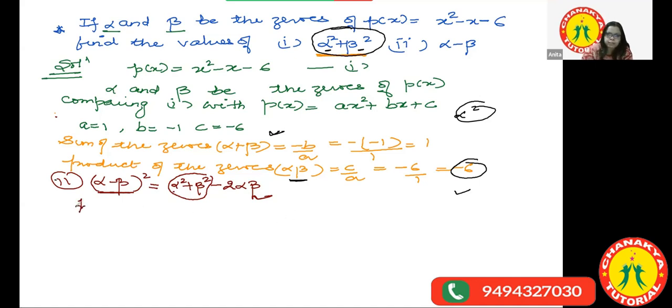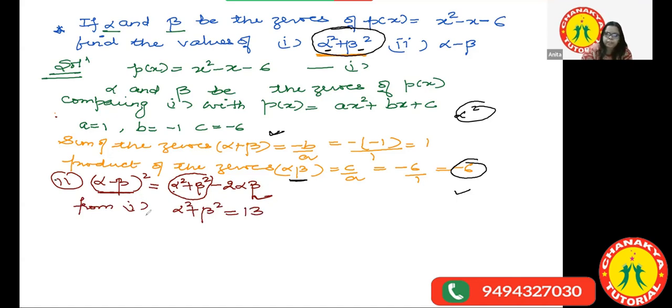So from the first part, alpha square plus beta square was equal to 13.